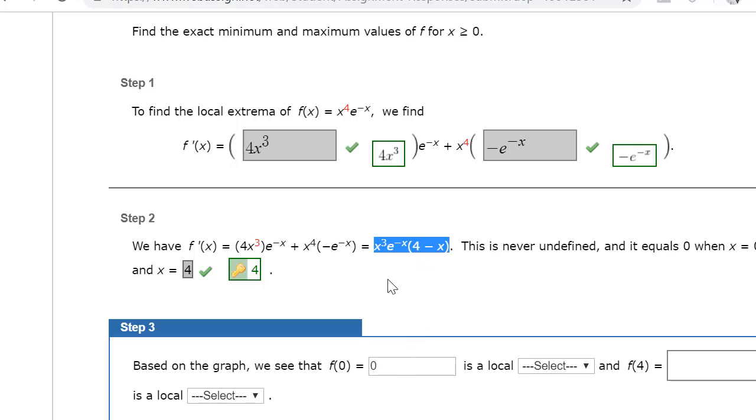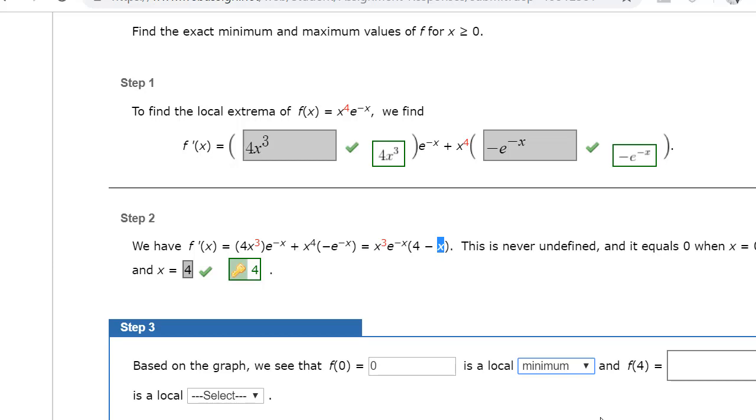If we put a number between 0 and 4, let's say, then we're going to get a positive value for the first factor, x cubed, and 4 minus a number less than 4 is positive, so it'll be going positive. So it goes from a negative to a positive. It's going to be decreasing and then increasing, so it's going to be concave up, or it's going to be a local minimum.